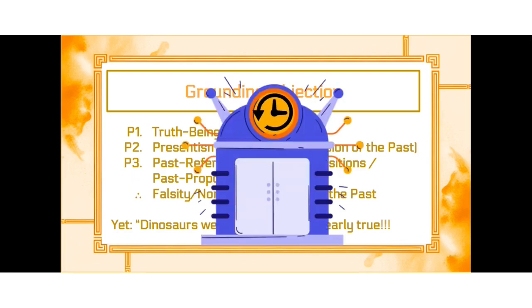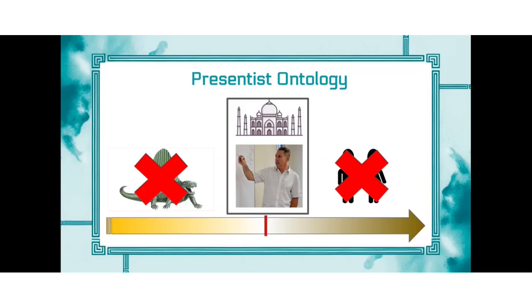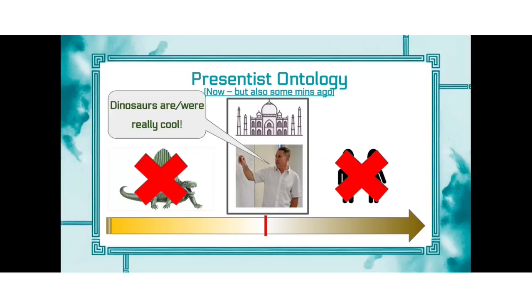So if we take a time machine back into the past, to when I was talking about presentist ontology, I've now swapped out Socrates with a dinosaur here. This is the current presentist ontology, right? More or less. Problem is, if Ned Markosian here says dinosaurs are or were really cool, and when he's talking about dinosaurs, he's talking about past living dinosaurs, then it seems like he's lying, right?